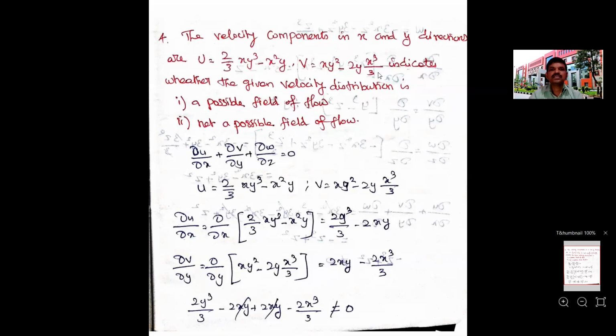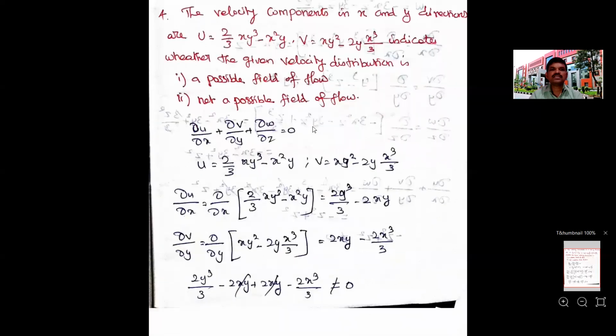So here there are two velocity components given. What they are asking is whether this velocity distribution is a possible field of flow. In this question they ask whether this is a possible field of flow or not.